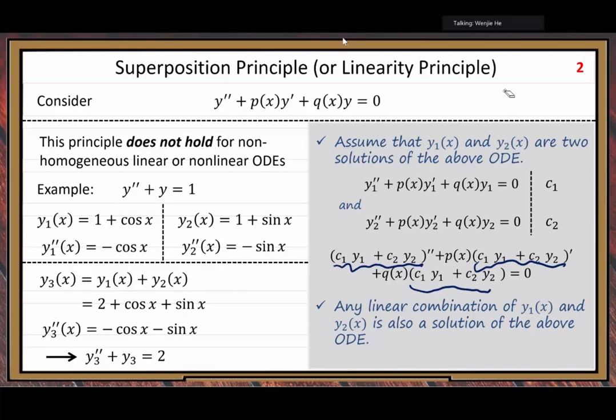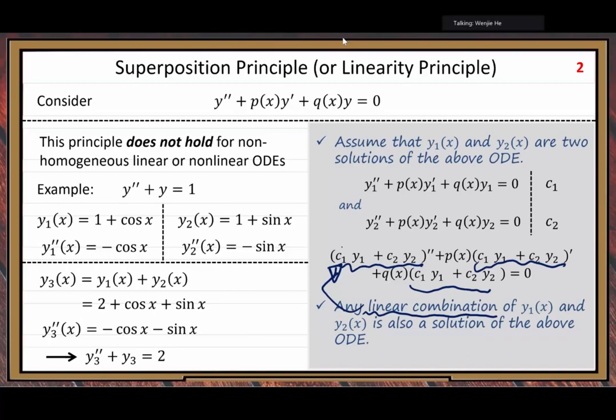So this C1 y1 plus C2 y2, this structure, we call it a linear combination. Any linear combination of 2 solutions is also a solution, another solution.